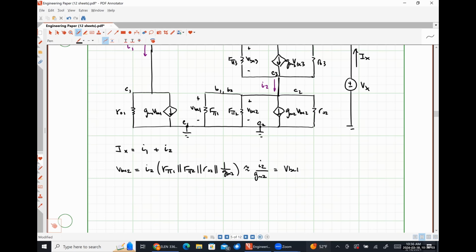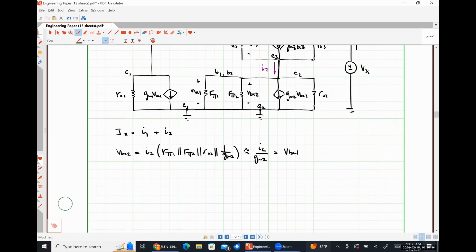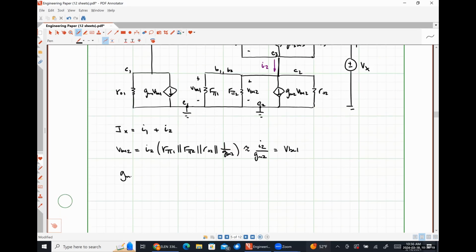So the current that is being supplied by the GM1 VBE1 source, right? So we could say that GM1 VBE1 is going to be GM1, or at least approximately, over GM2 times I2.